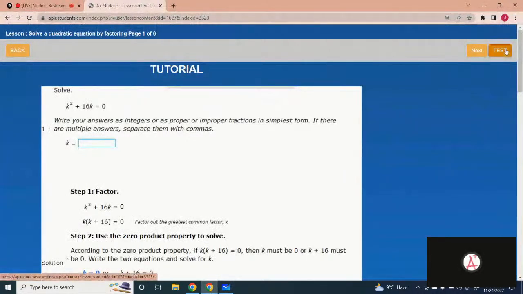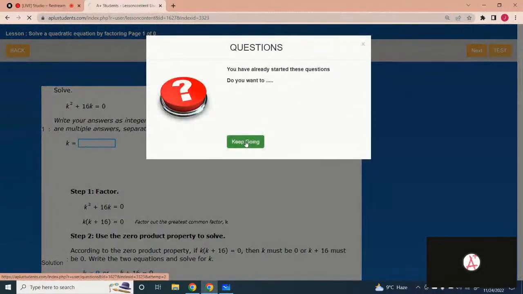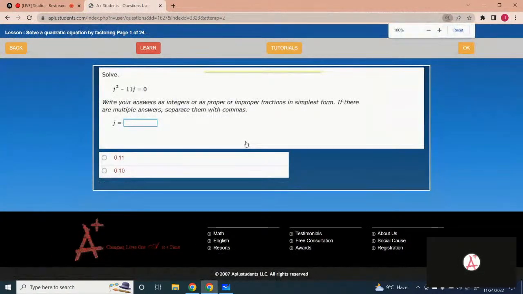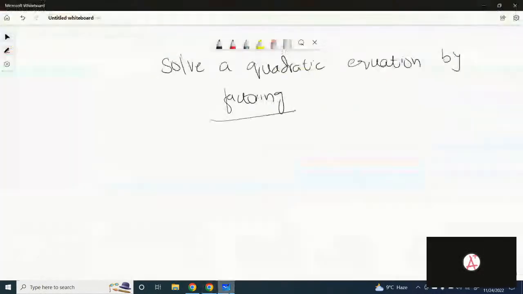Let's start with the test. So it would be j square minus 11j equal to 0. Got it? Let's start with the first one. J square minus 11j equal to 0.